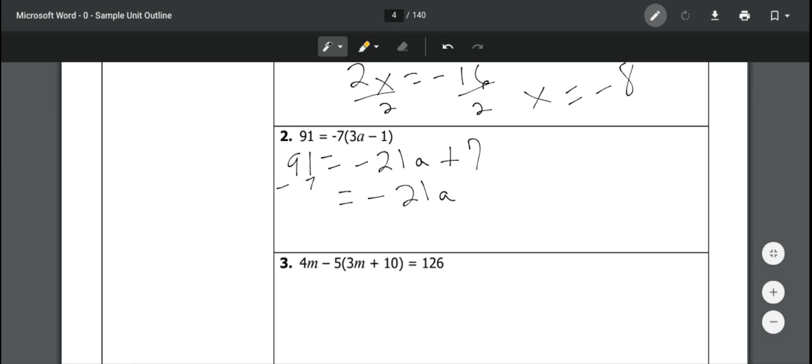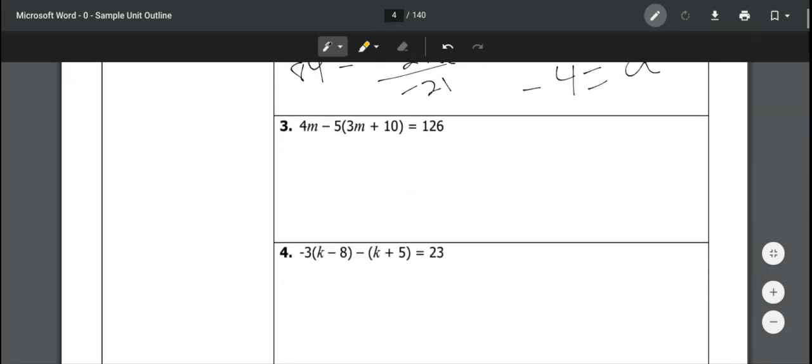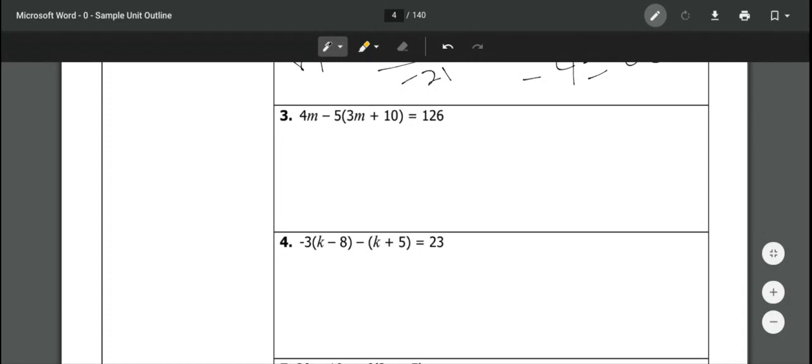And so that is going to equal 84. Then I'm going to divide by negative 21. And so I have negative 4 equals a. Try to keep that variable on the right side if it's there, so you don't mess up when we do inequalities later on.